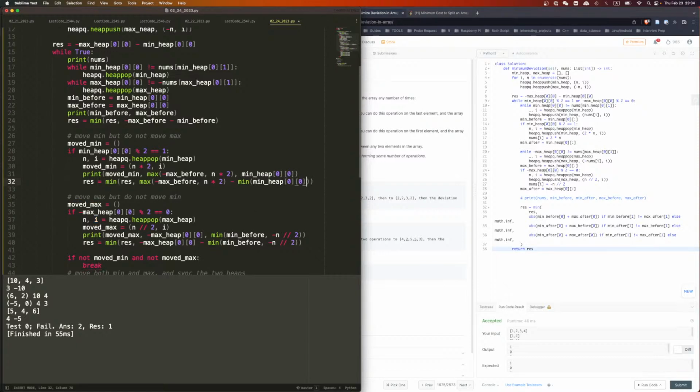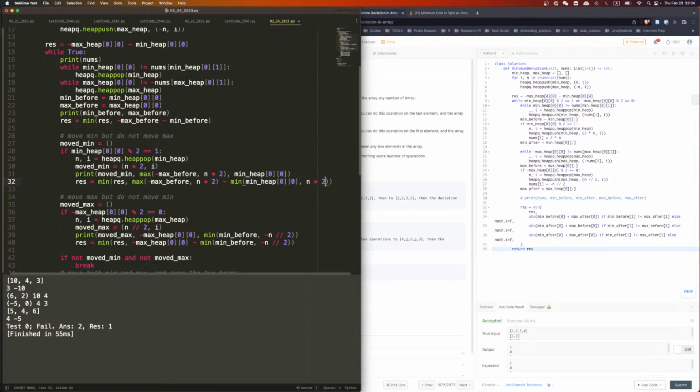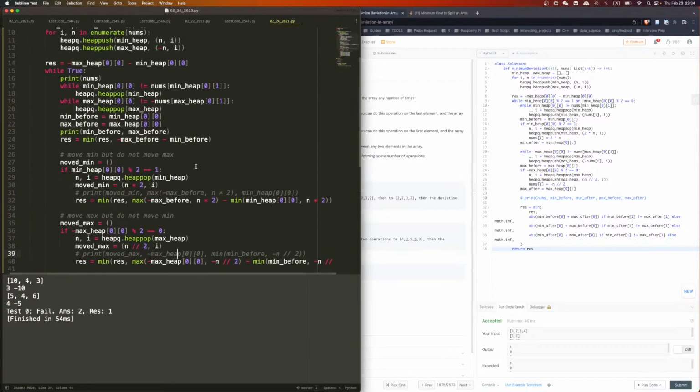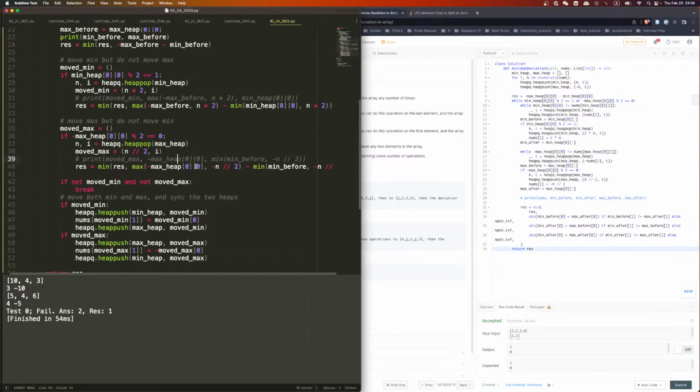Because I pop it out, and n times 2. You are killing me. Max this, and minus n divided by 2. Now I expect this to be right. You guys, come on. What the hell? Yeah, seriously, what the hell?